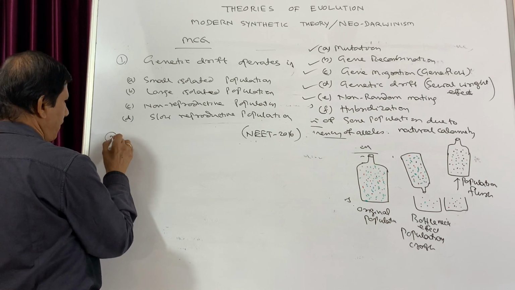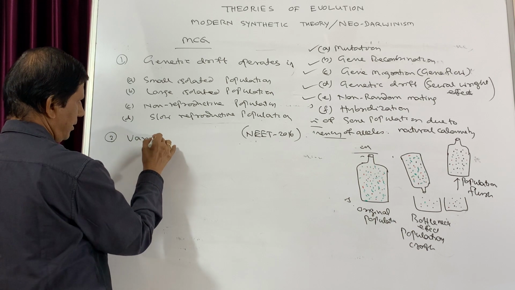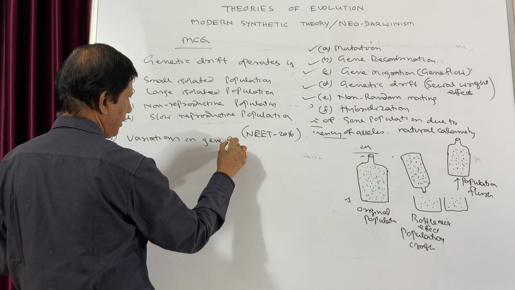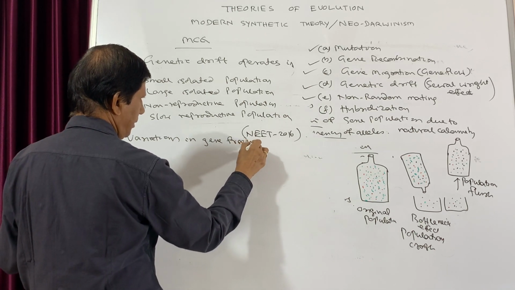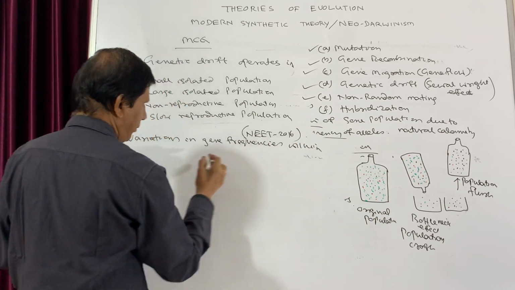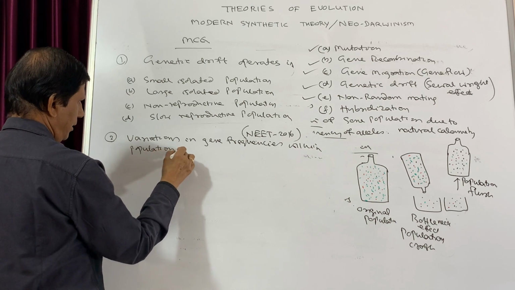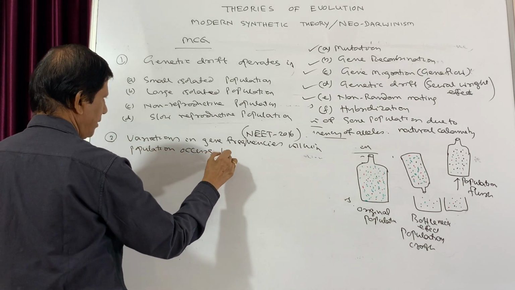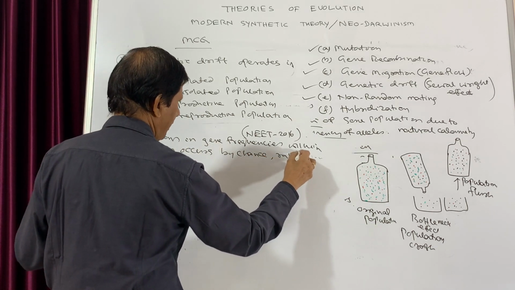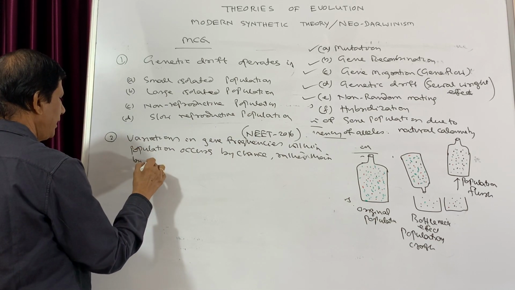Now the second question. Variations in gene frequencies within the population occur by chance rather than by natural selection.